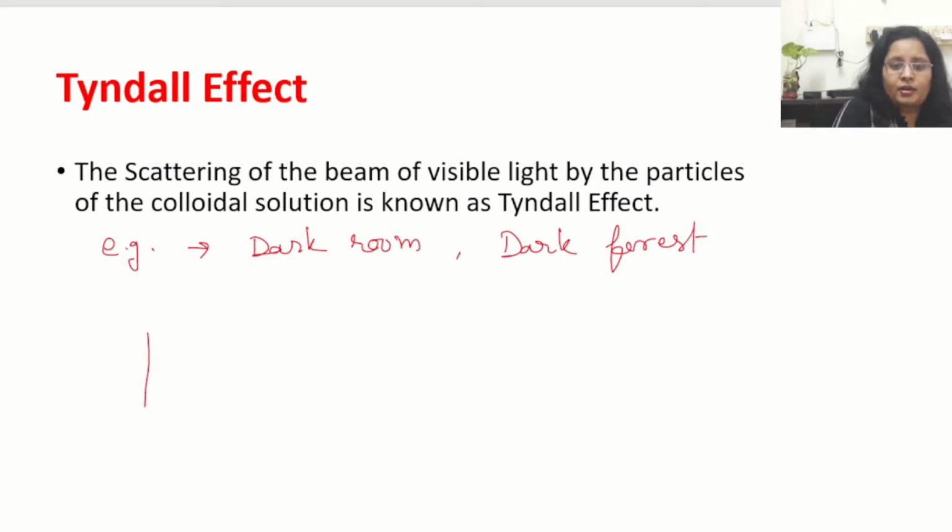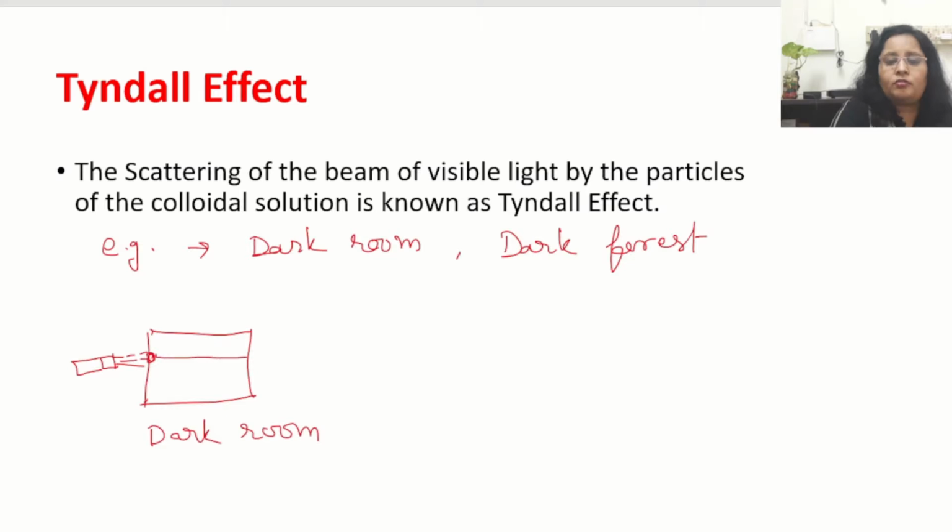So if we have a dark room like this, very dark, with no light, and a source of light over here, and a hole over here, we can see a beam of light. This is the path of light.